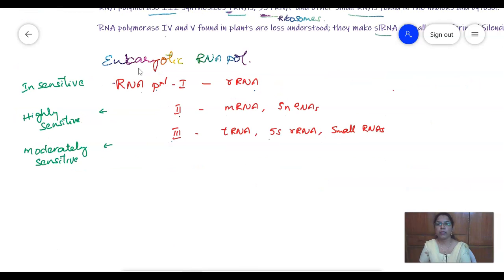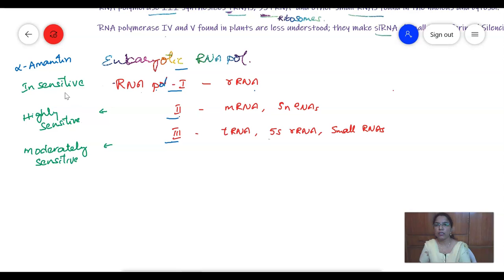Let's sum up the eukaryotic RNA polymerases. There are three types of RNA polymerases in eukaryotes: RNA polymerase 1, RNA polymerase 2, and RNA polymerase 3, and their sensitivity to alpha amanitin is different.